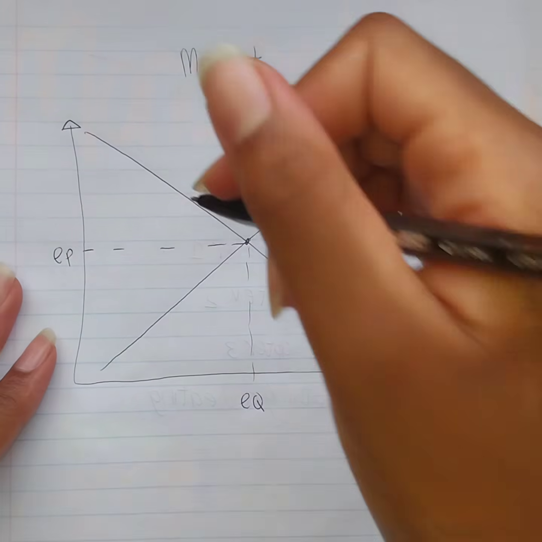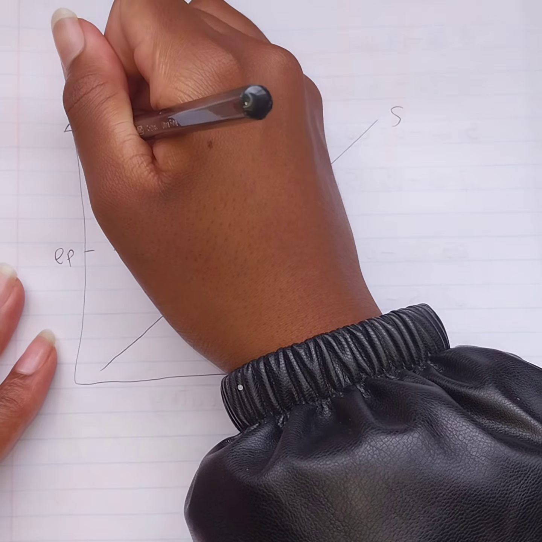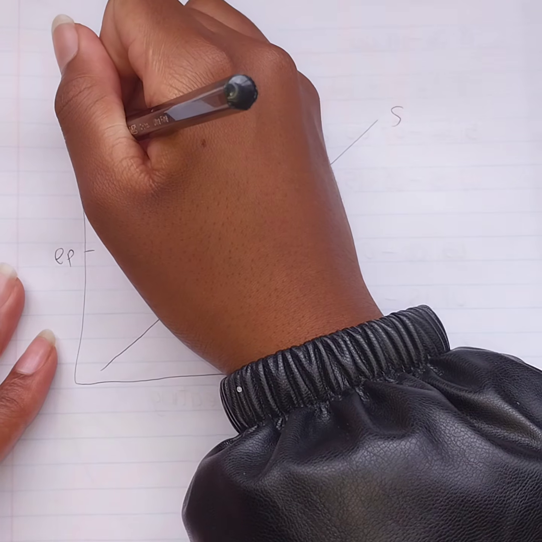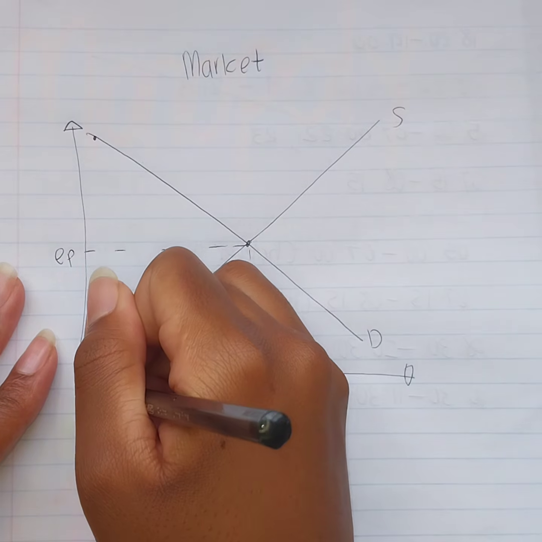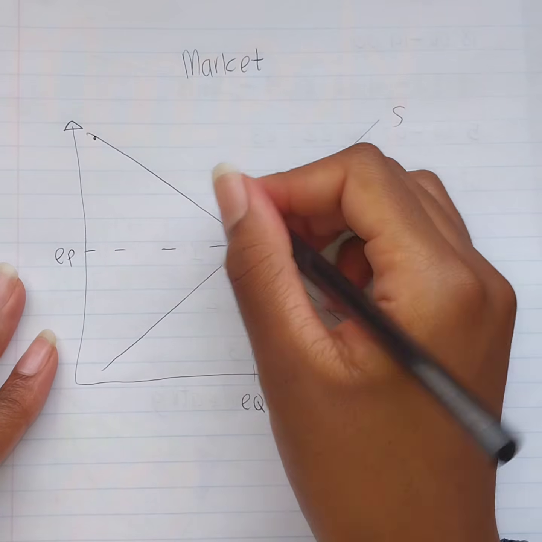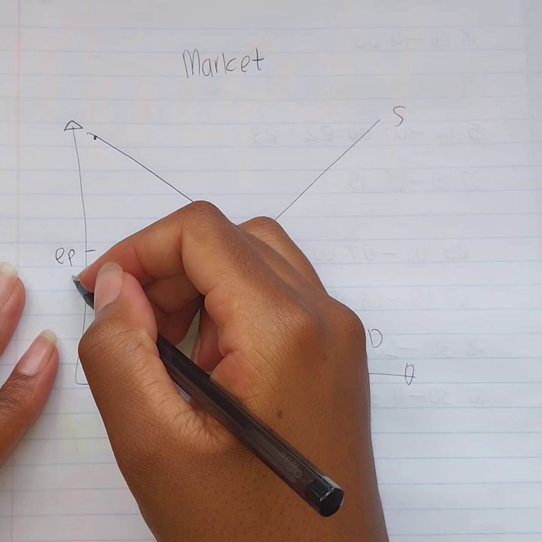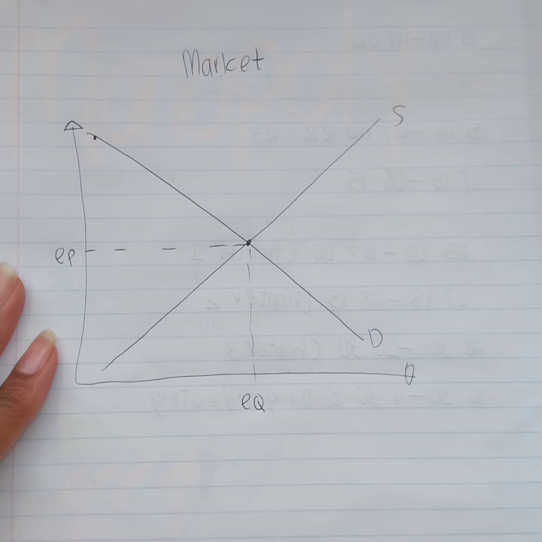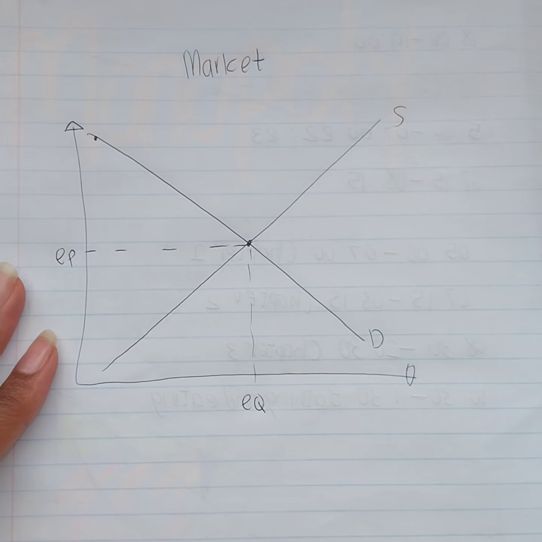So do you see that the first consumer was willing to pay this high price, for this amount of quantity, but the market made them pay a lower price, EQ, right? So they gained. There was a surplus. When we compare what they were willing to pay and what they actually paid, the difference between those two things is what we call your consumer surplus.